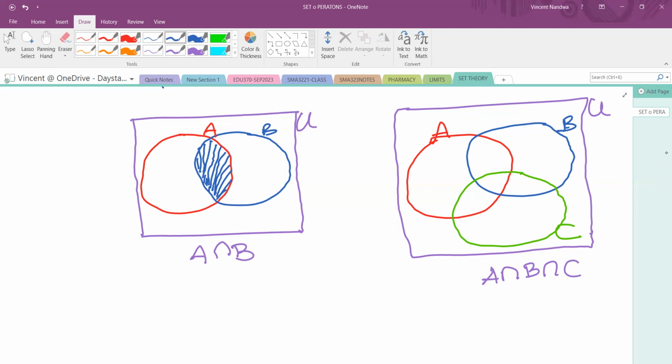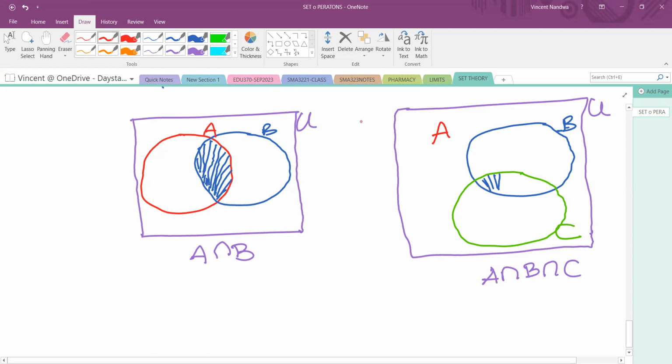An intersection of A, B, and C means where the red circle A meets blue circle B and also meets green circle C. And this is the region where all those three circles meet.